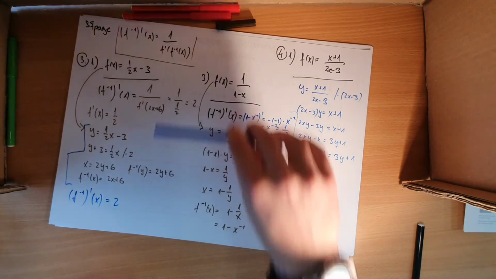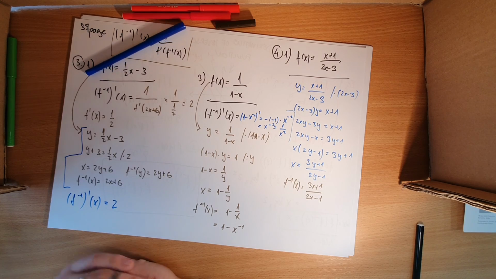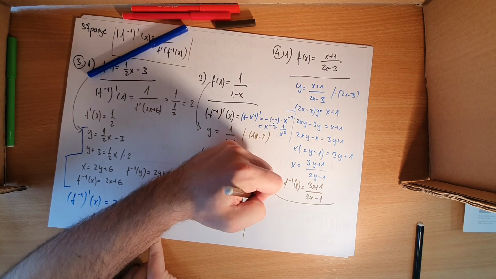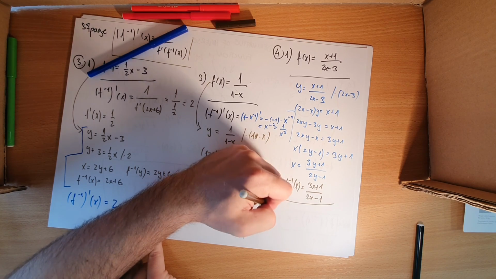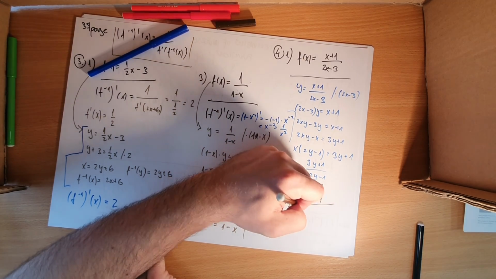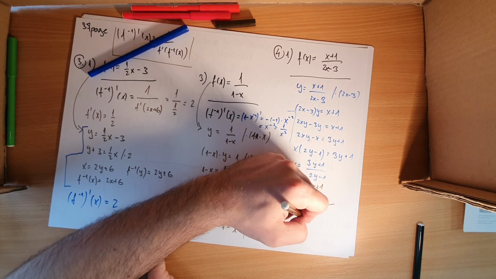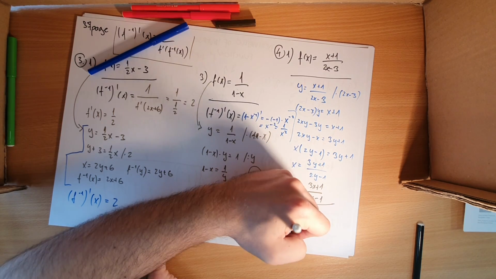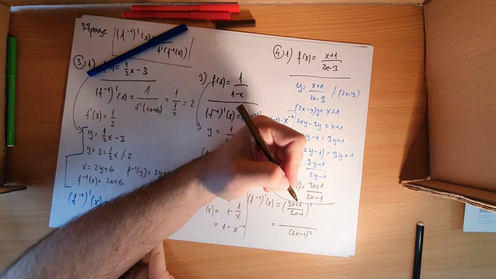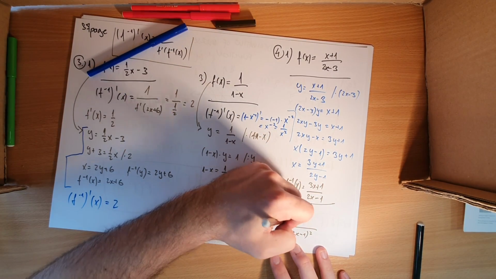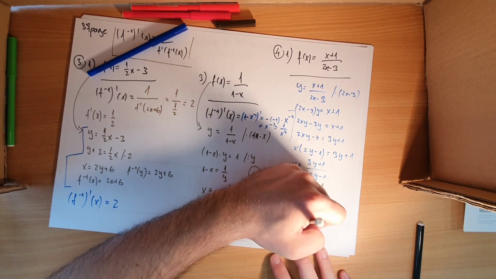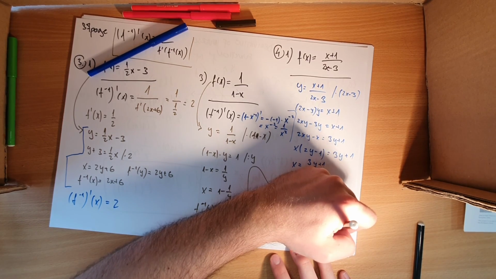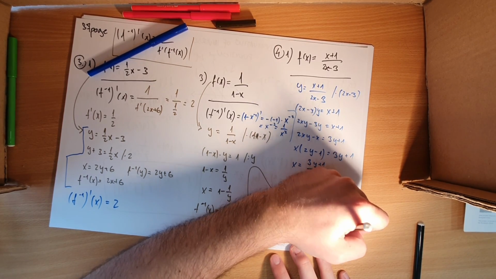This is going to be the derivative of a quotient. So the derivative of the inverse function of x is the derivative of 3x plus 1 over 2x minus 1, which means that 2x minus 1 is going to be squared, while above we have the derivative of 3x plus 1 times 2x minus 1, minus 3x plus 1 times the derivative of 2x minus 1.